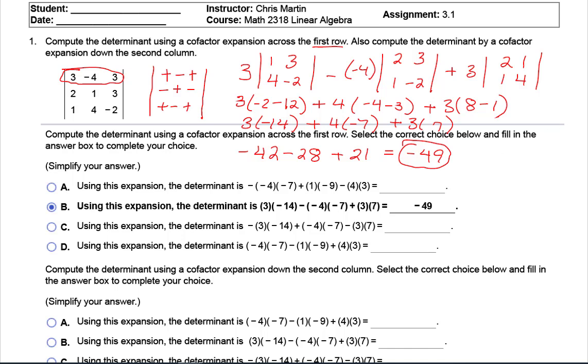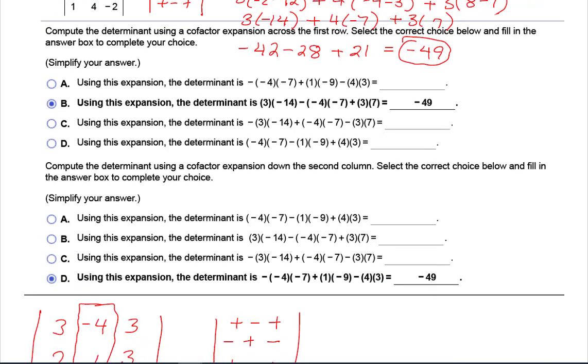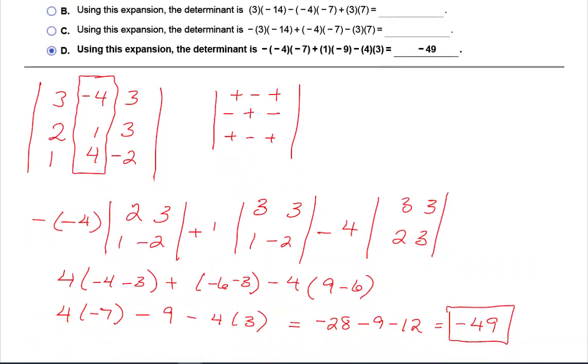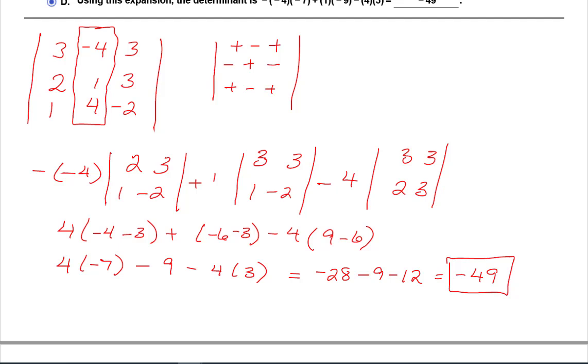Now what if we went down the second column? So here is the same matrix. I'm going down the second column. Positional signs are minus, plus, minus. So that's going to be a minus 4, plus 1, and a minus 4.